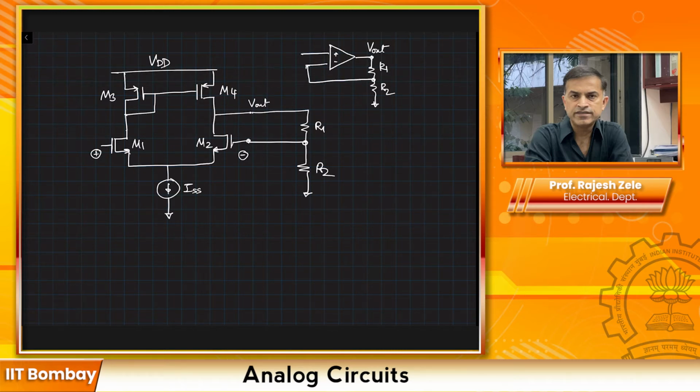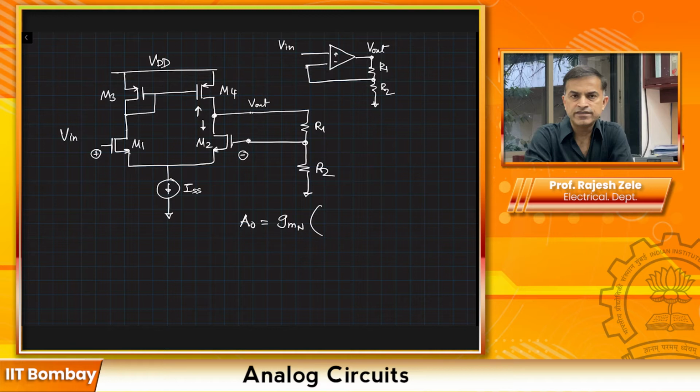So we have negative feedback. Here is our Vin applied over here. So in this case, what is my A0? A0 is given by the gm of the NMOS input pair, gmN, and at the output node, looking up we have RoutP, and looking down we have RoutN.